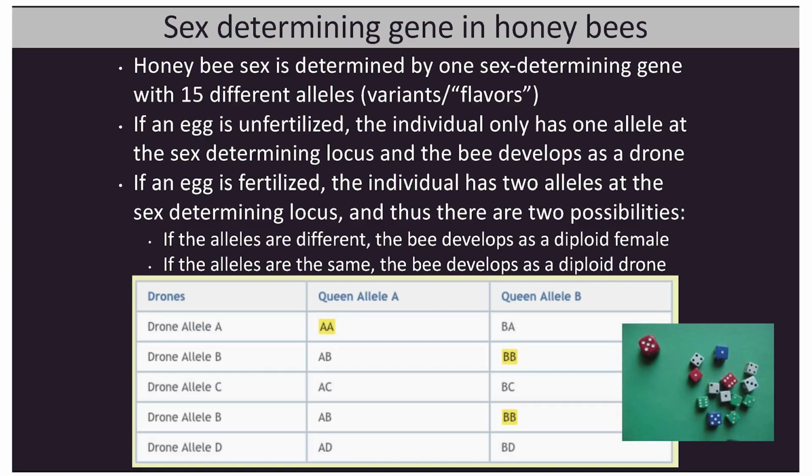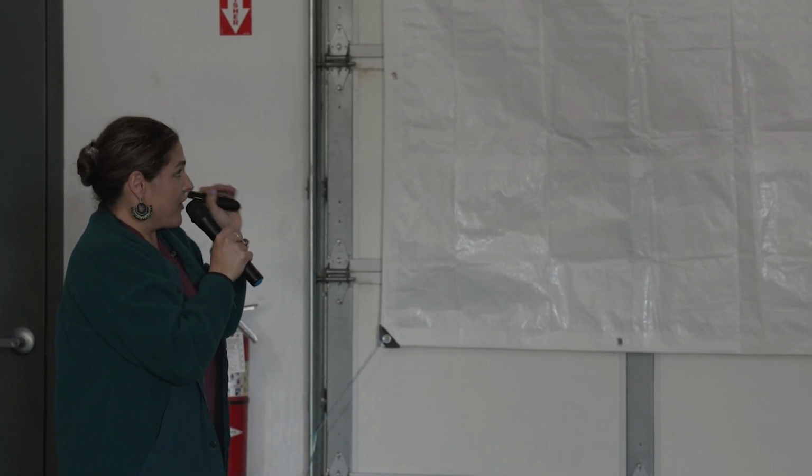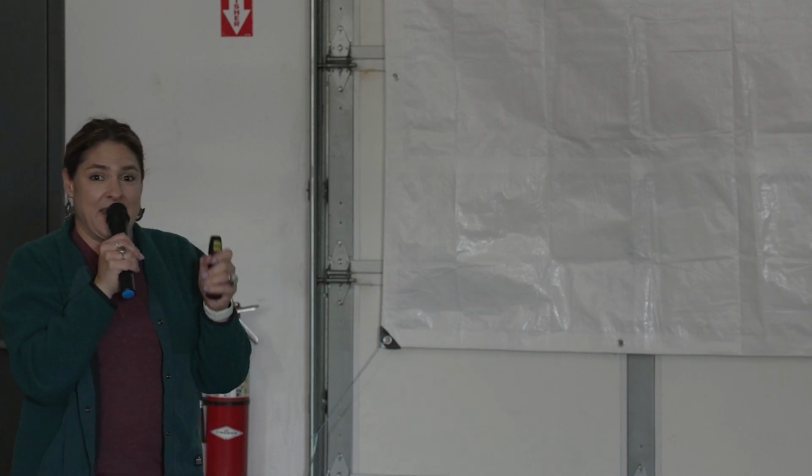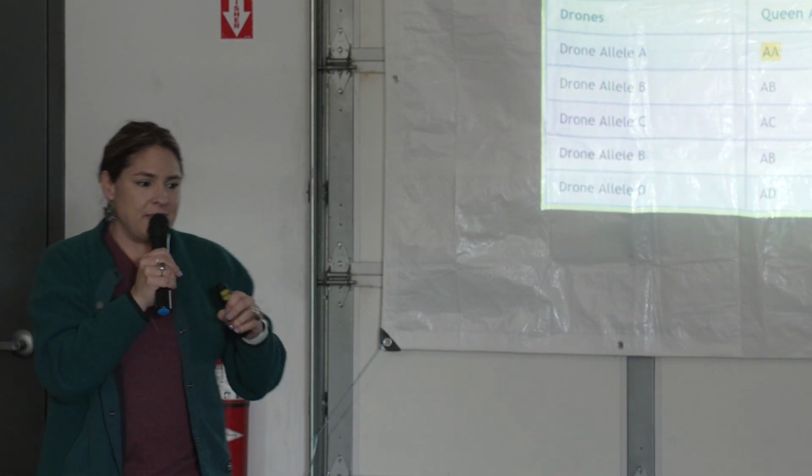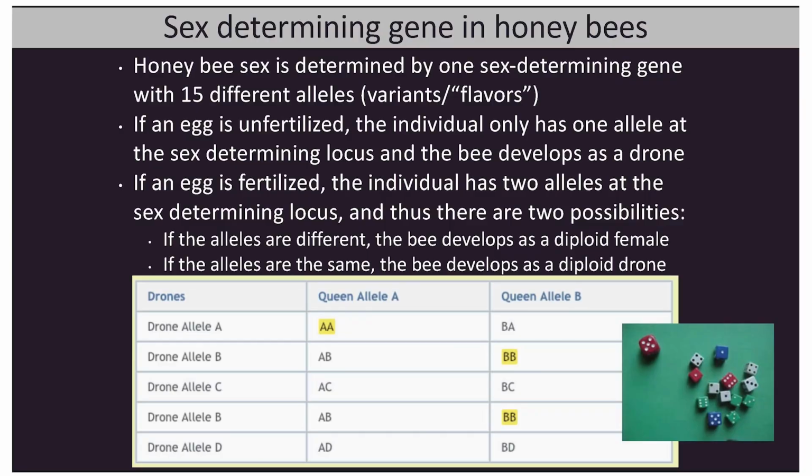If the alleles are different, that bee develops into a diploid female, which is the vast majority of individuals in the colony: 99% of the workers, and one diploid queen. What's at stake here is that if for any reason the alleles are the same, that individual will develop into a diploid drone. Let me give you a better example.